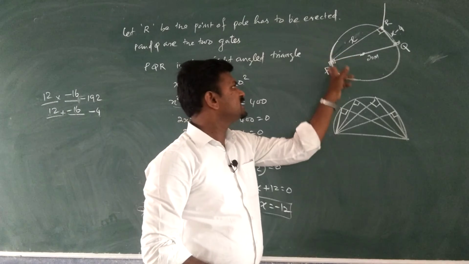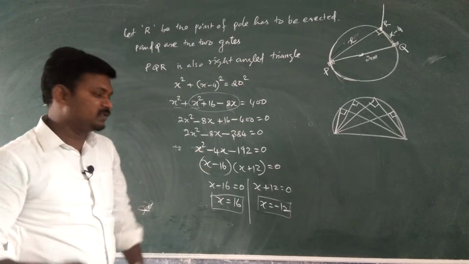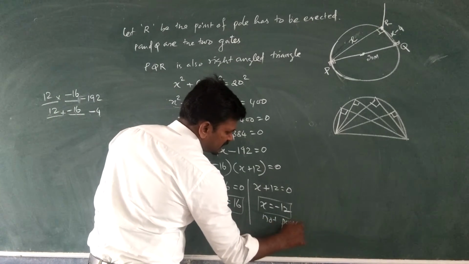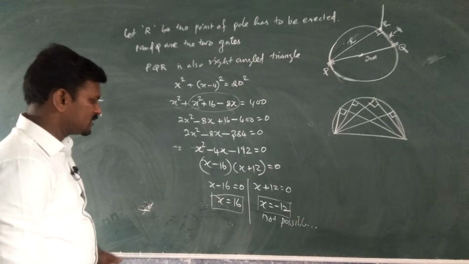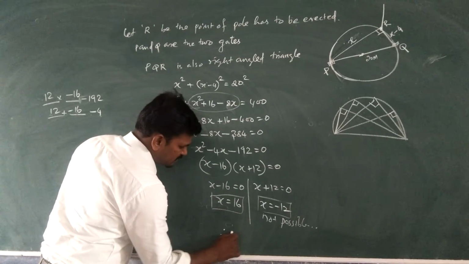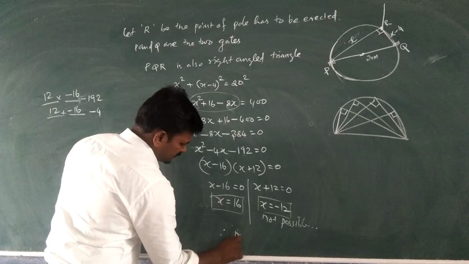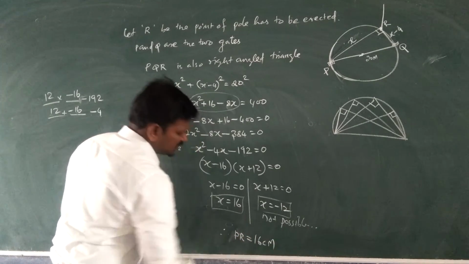So what is x? x is the distance between P and R. The distance can never be negative, so this is not possible. Negative numbers are not possible as a distance. Therefore x, that is PR, is equal to 16 meter.